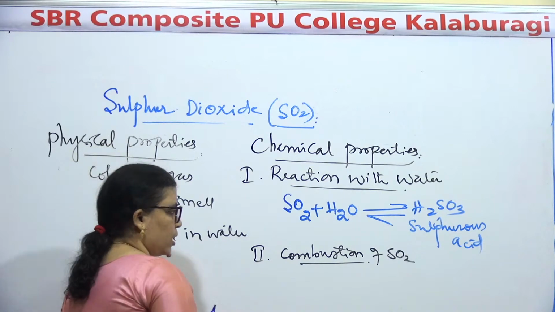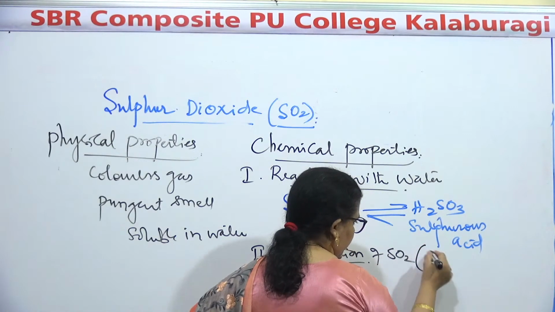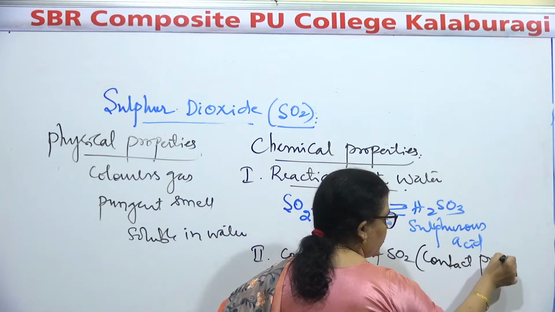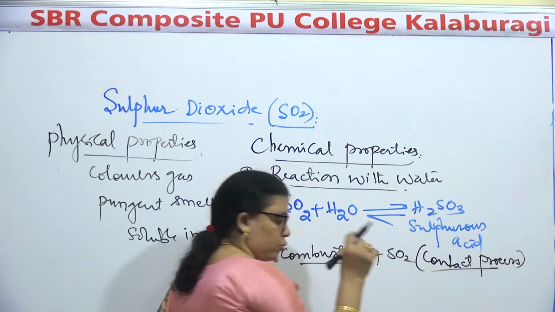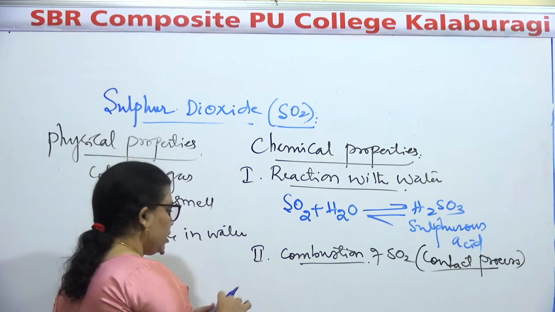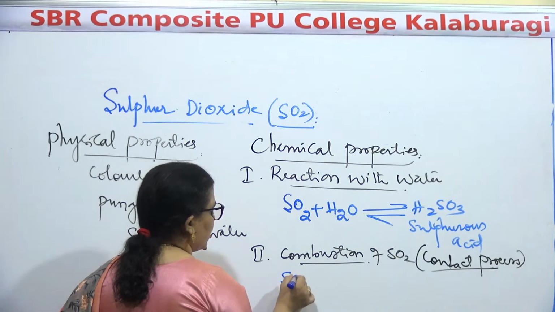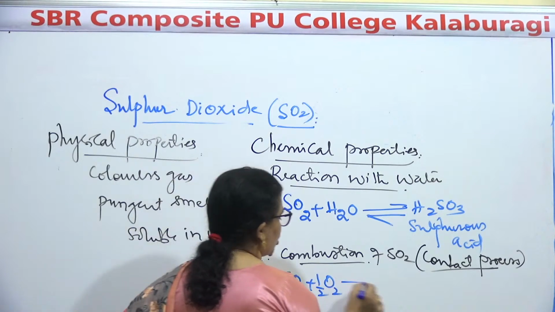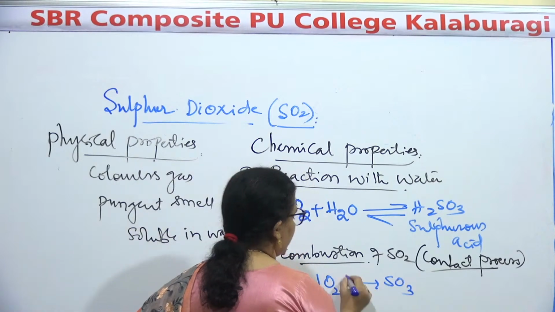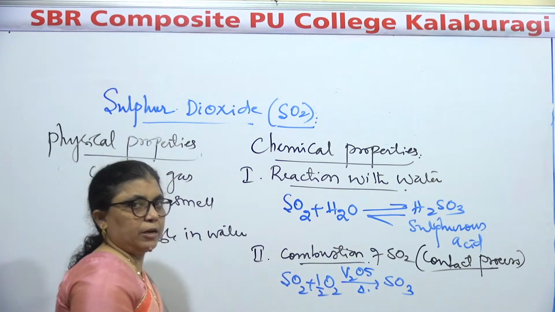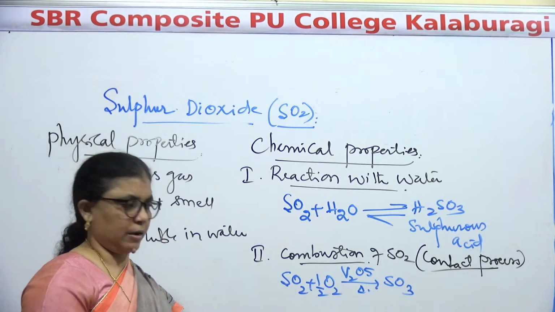That method is called the contact process for the manufacture of sulfuric acid.